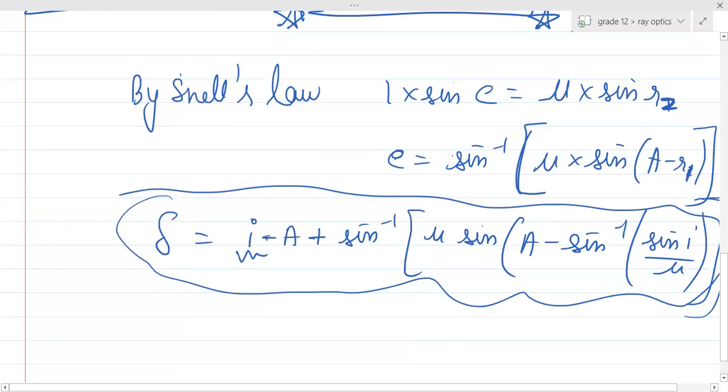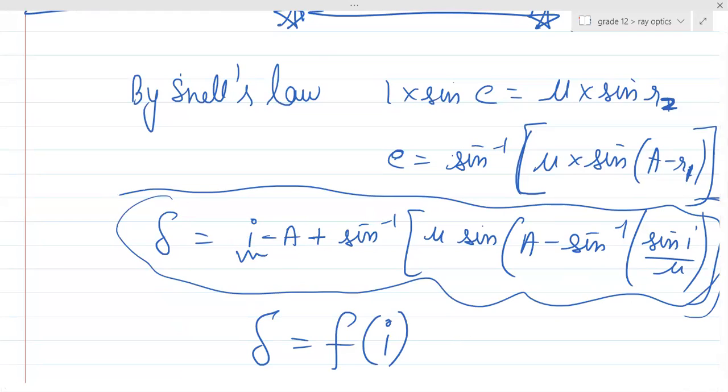So can you see there is a very ugly function of delta, but can you see this I is constant. I is basically the angle of incidence. A is a constant, and mu is also a constant. So can you see here delta is represented as a function of angle of incidence, right? If I can represent delta as a function of incidence, then there will be a graph also for this.